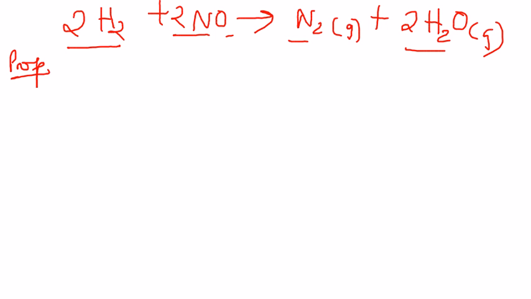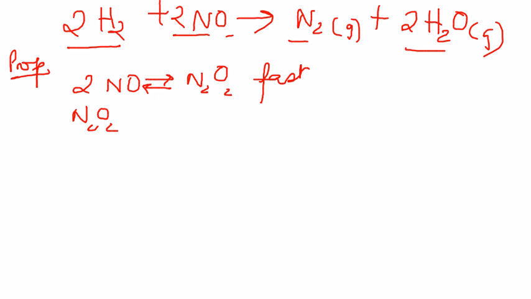The question says that the proposed mechanism is, so let's just say what's proposed. The proposed mechanism is that 2 NOs first get converted into N2O2. And that's a fast reaction. And there's actually a typo. This really should be an equilibrium. N2O2 will react with hydrogen, and you get H2O, and you get N2O.